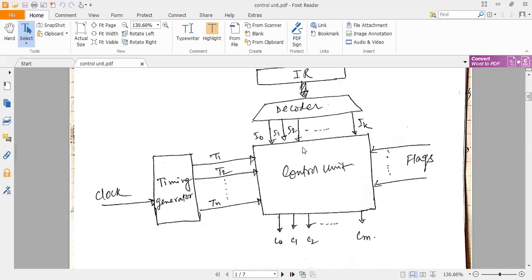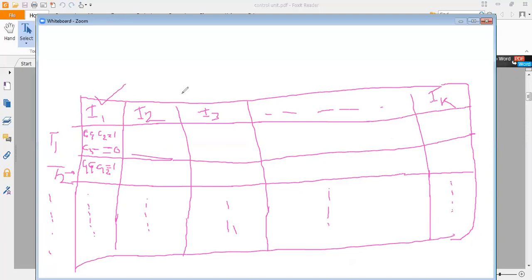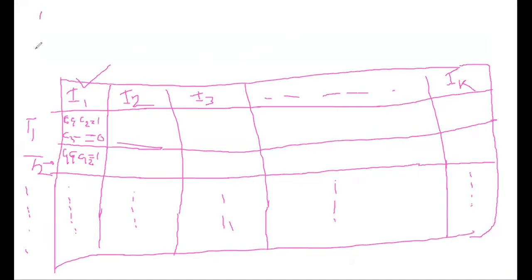So that is why you have to understand here what micro instructions are and what micro operations are. As I said, micro operation means an individual operation, which I showed you earlier in that box. Lots of micro instructions are there. Any instruction, maybe this is I1, the first one, second one, third one. These small operations are called micro operations.